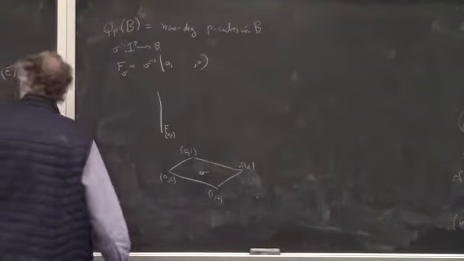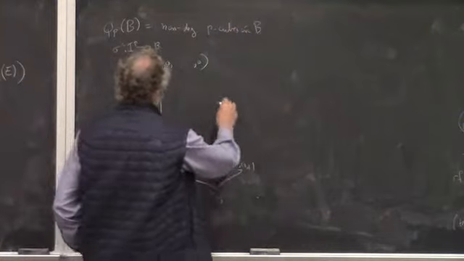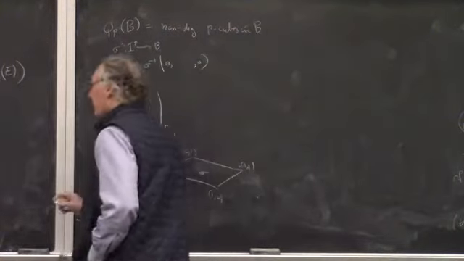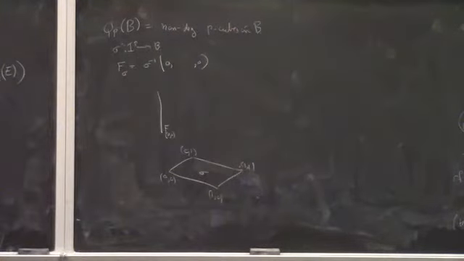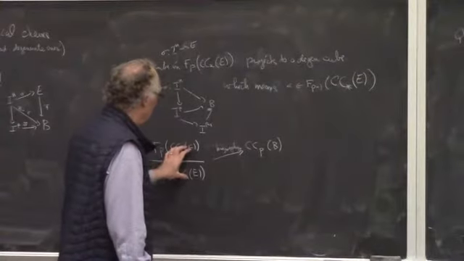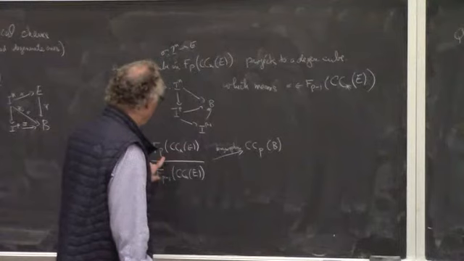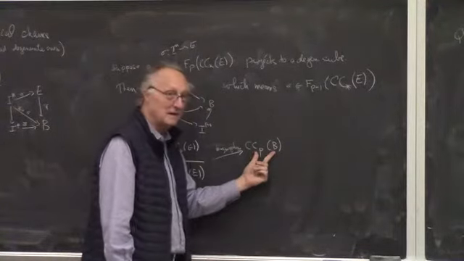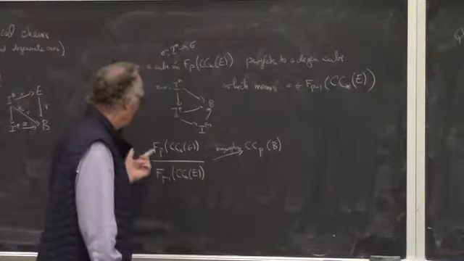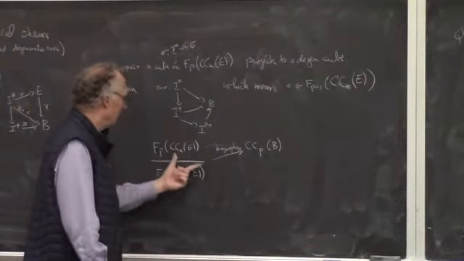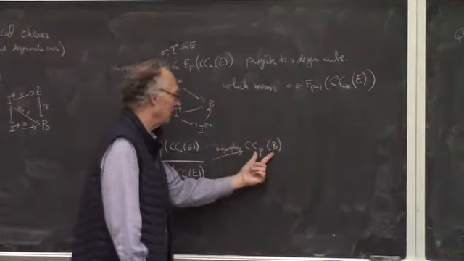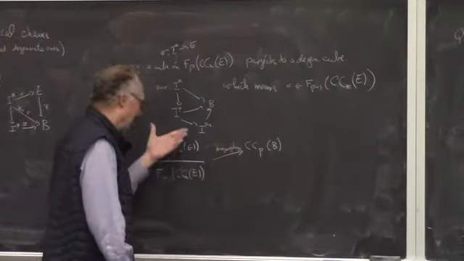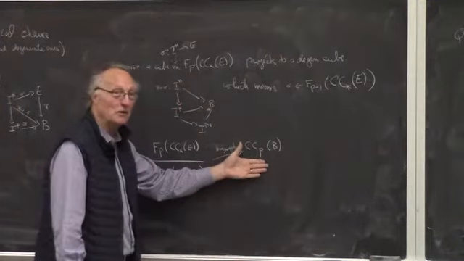But I'm going to define a map from, well, so first of all, the cubes here, cubes in F_P minus 1, produce non-degenerate cubes in B. So this group is a direct sum over the non-degenerate cubes in B of the things that map to that cube.